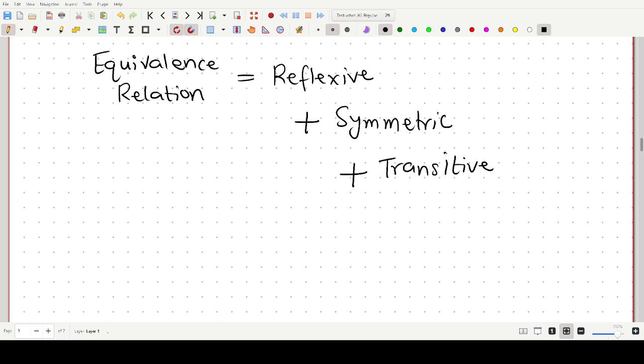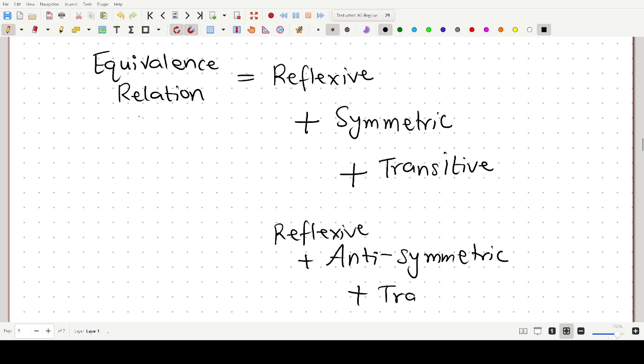Whereas, if there is a relation which is reflexive, it is anti-symmetric, and it is transitive, then we say that the relation is having a partial order on the set.